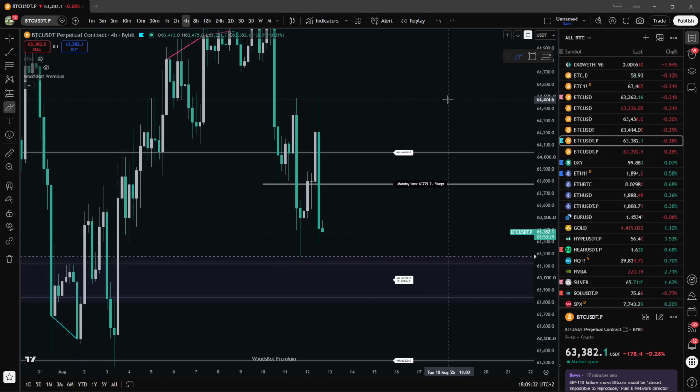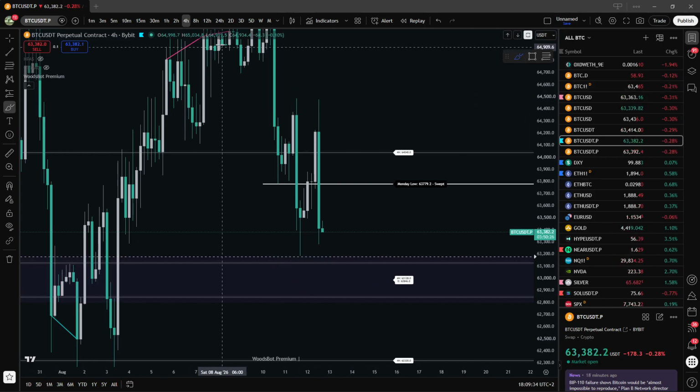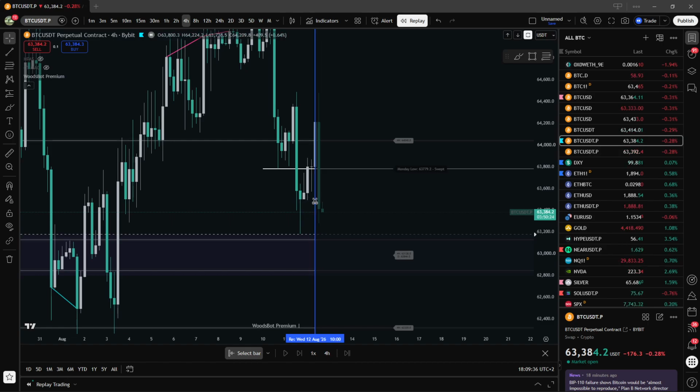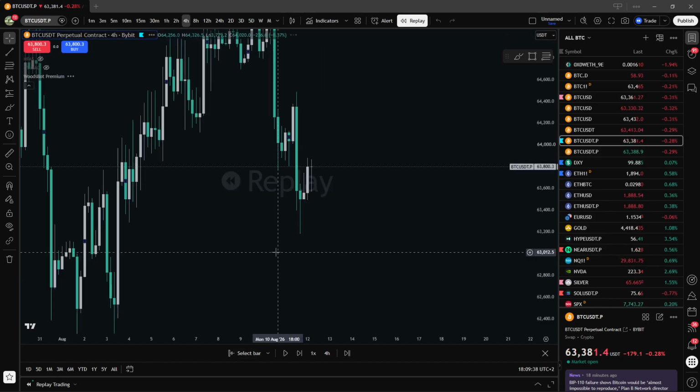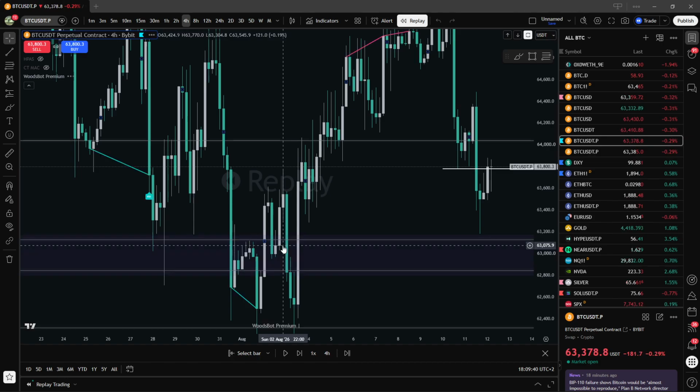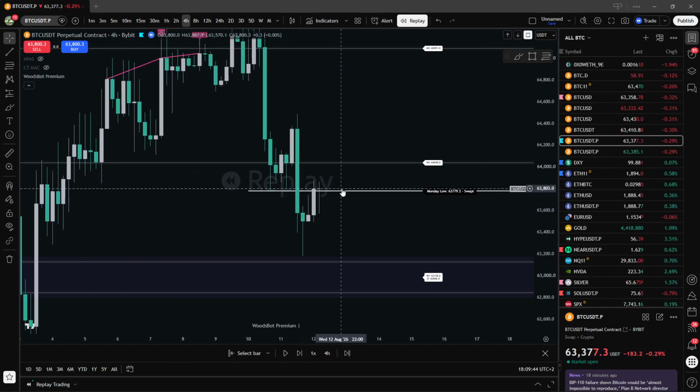I'm just going to go into the replay tool, so you guys can see how I trade this. This is one trade that I took on the Breakout account as well, and it's in some nice profit at the moment. I'm not risking too much on the Breakout challenge at the moment.